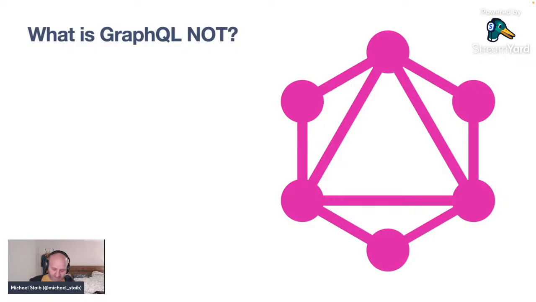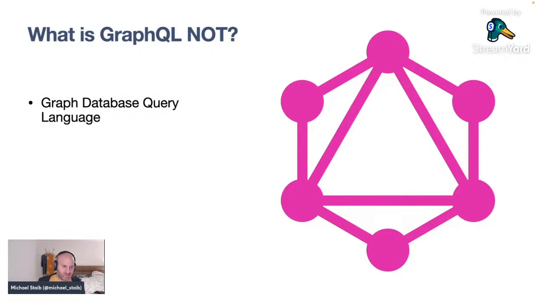Okay, so we talked about what GraphQL is. Let's also talk about what GraphQL is not. GraphQL is not a graph database query language. You should have gotten that by now, I hope. And also GraphQL is not bound to a specific data source.